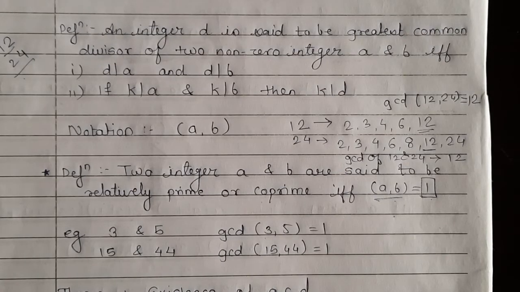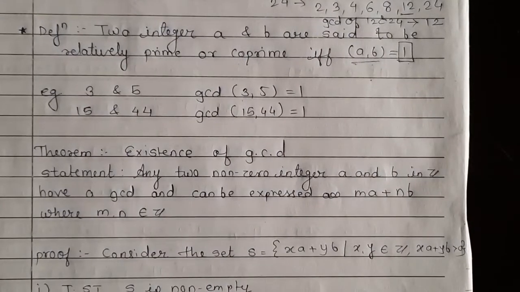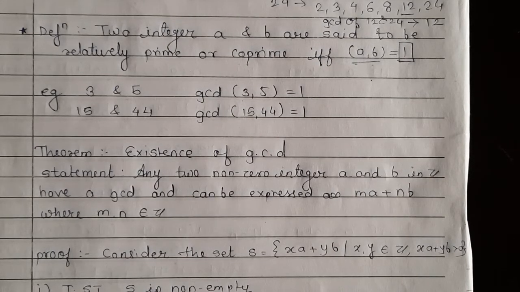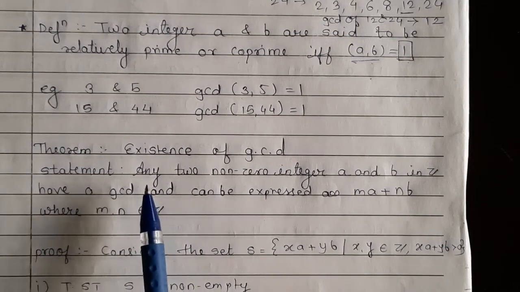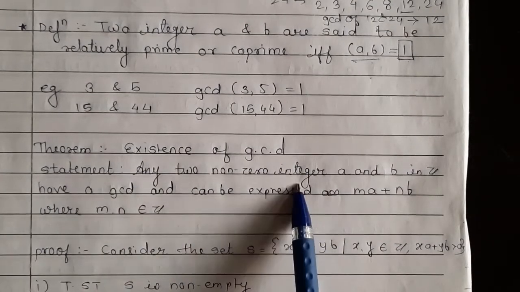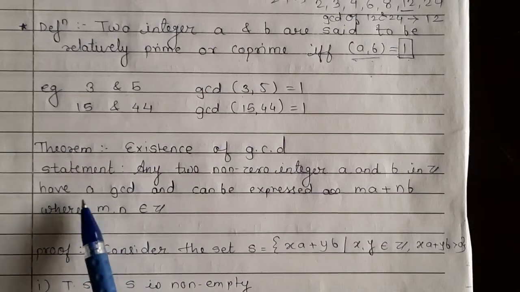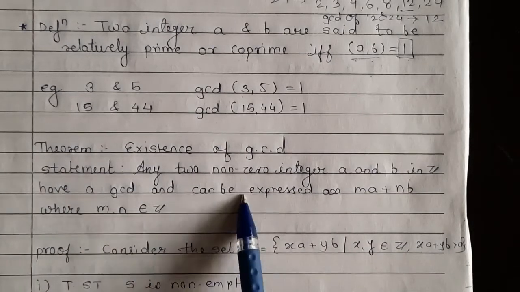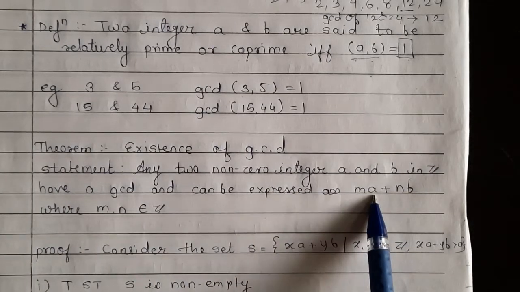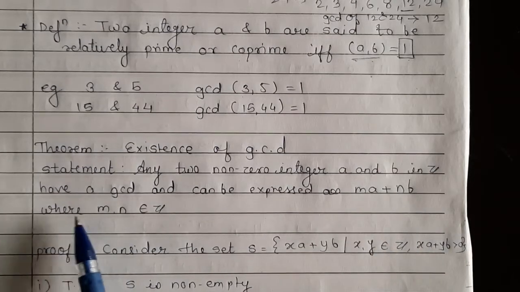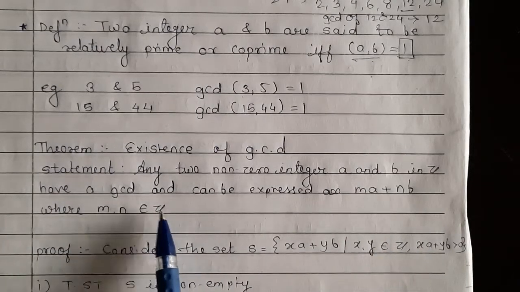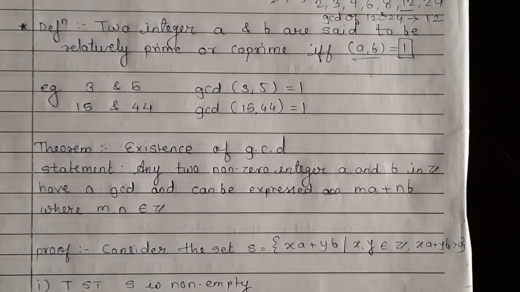Now we will see the theorem, existence of GCD. The statement of the theorem is: any two non-zero integers a and b in Z have a GCD and it can be expressed as ma plus nb, where m and n belong to Z. How will we prove this theorem?